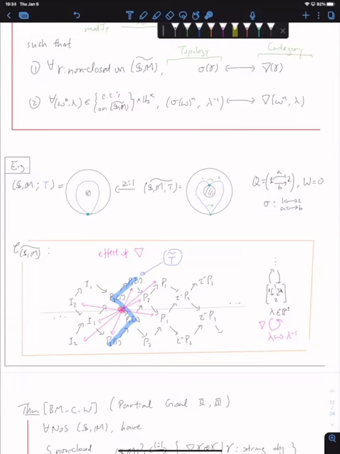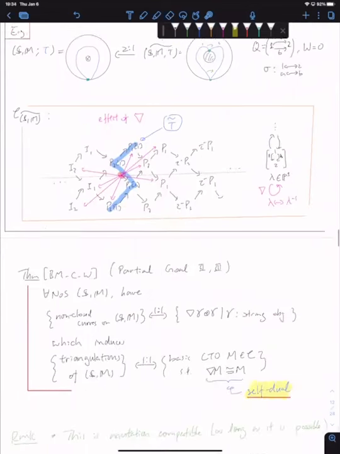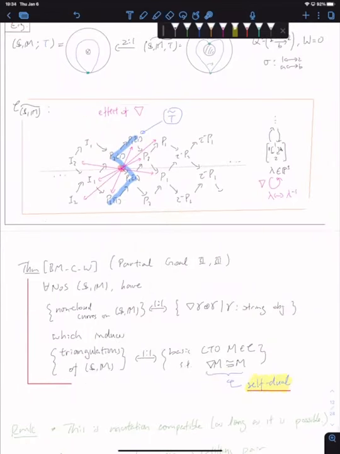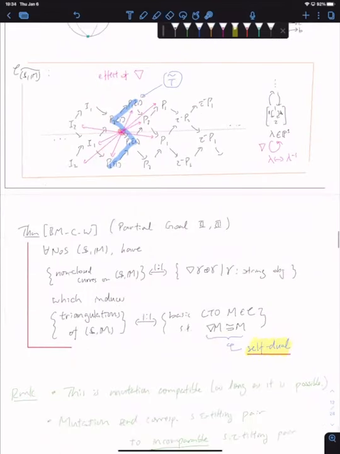So with this in mind, then you can pretty much expect what we want to say, that how we are going to achieve the categorification of curves on non-orientable surface. So if you have a non-closed curve on a non-orientable surface, then you can lift it to the orientable double cover, and then they will correspond to a pair of string objects in the cluster category. So it's just this thing.